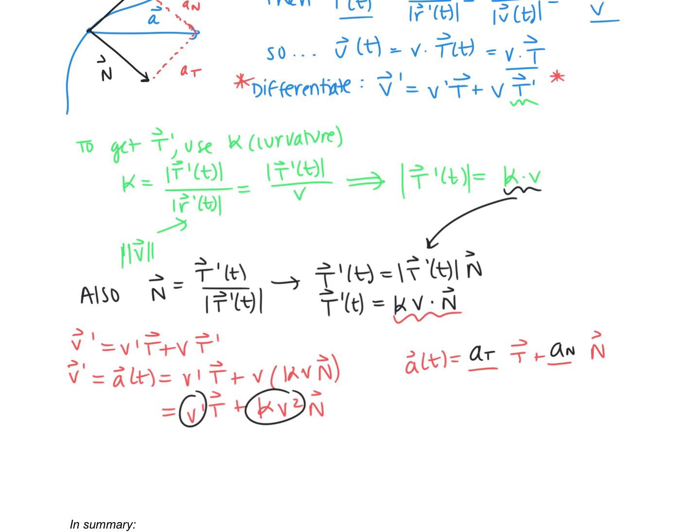Okay, so the question is, how do we find a of T and a of N in more helpful terms? And also, what does this tell us so far?